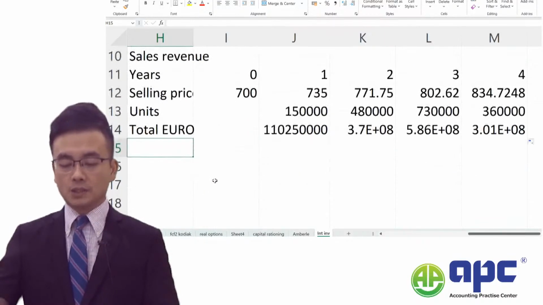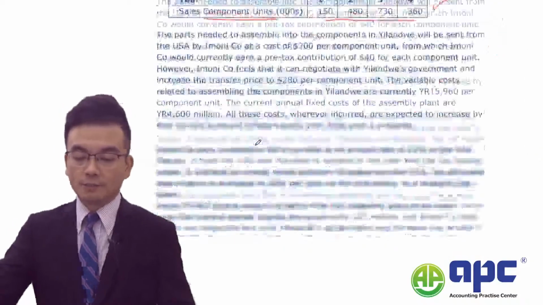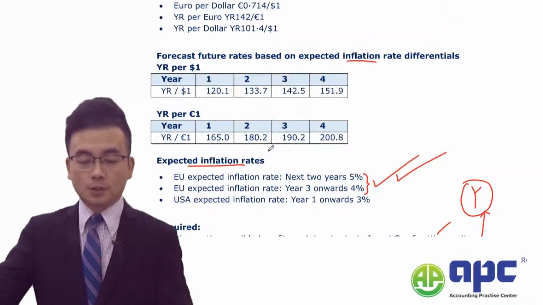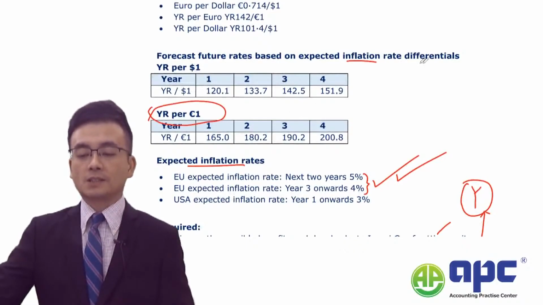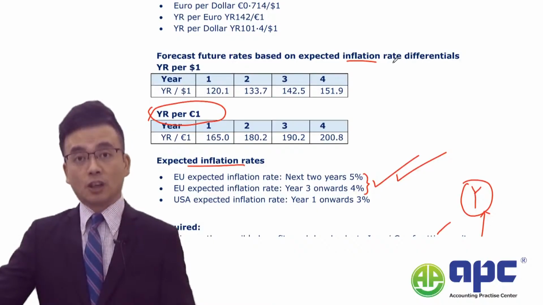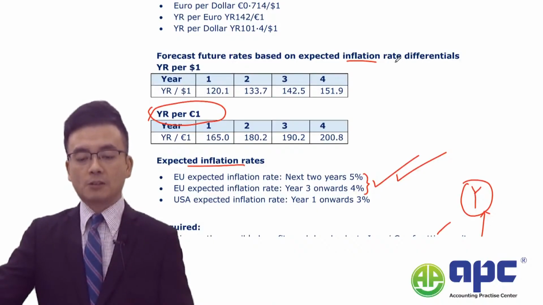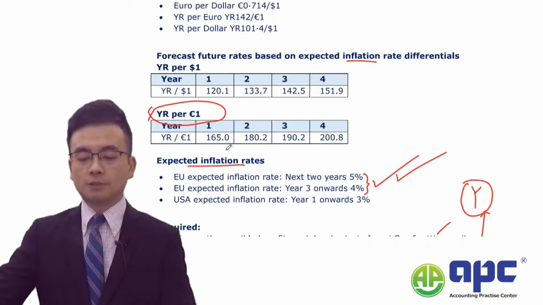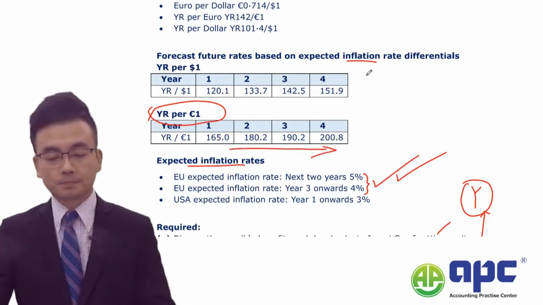So that's why we need to see the exchange rate. The exchange rate from euro to YR we can see there, because the examiner has calculated the expected exchange rate using the purchasing power parity theory for us already, from year 1 up to year 4.